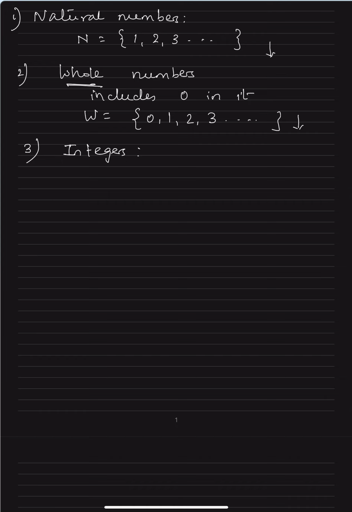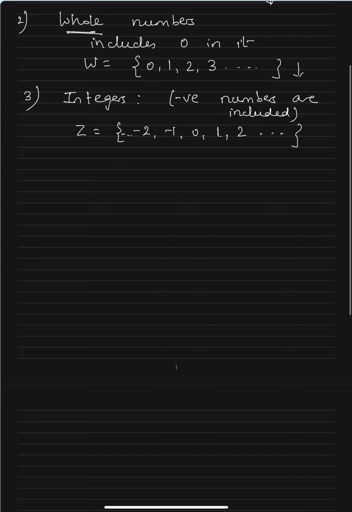Then from whole to integers, negative numbers are included. That is, integers is denoted by Z, and it is -2, -1, 0, 1, 2 and so on. Correct? Over here also it goes that way.